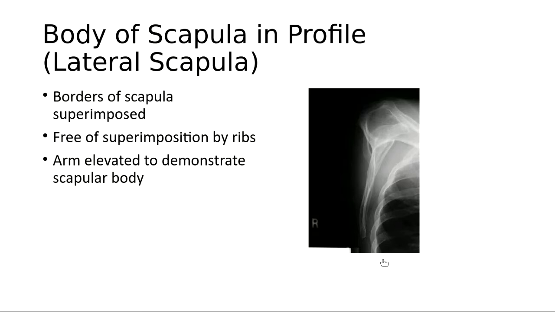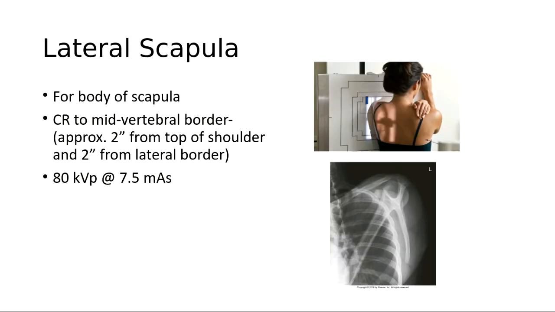And then the lateral is done the exact same way as we do the Y lateral for the shoulder, except we move the arm out of the way by having the patient grasp their opposite shoulder. And remember, that demonstrates the body of the scapula much better. Most of the time when you're imaging the scapula, they're usually suspecting injury to the body of the scapula.